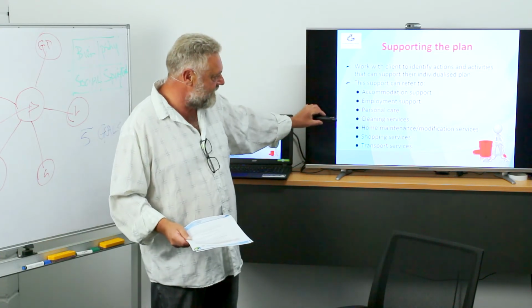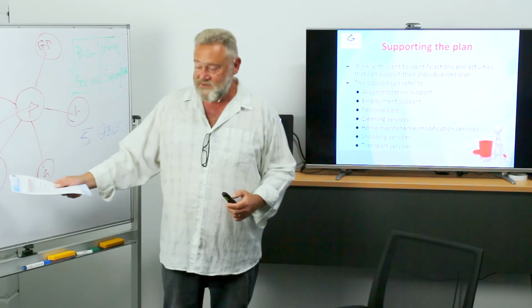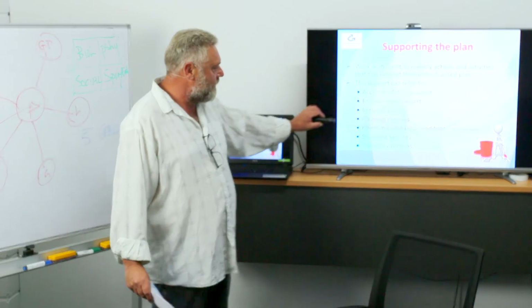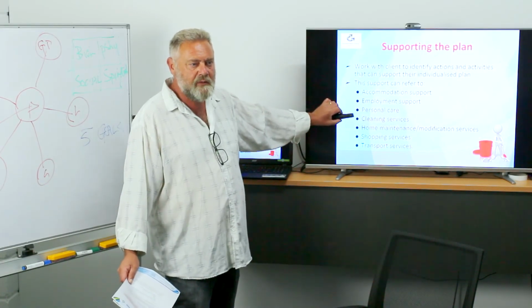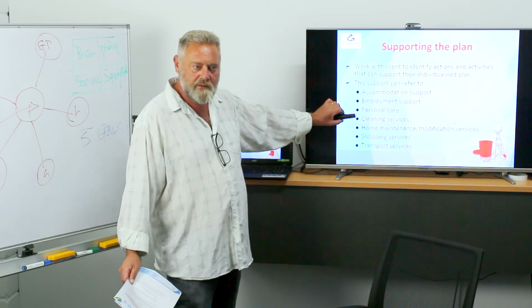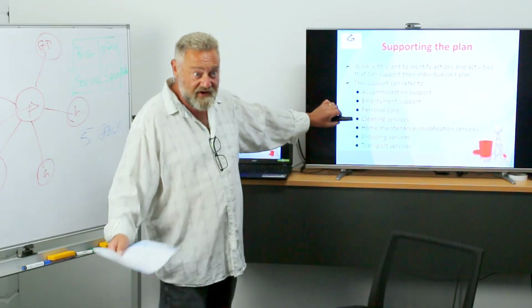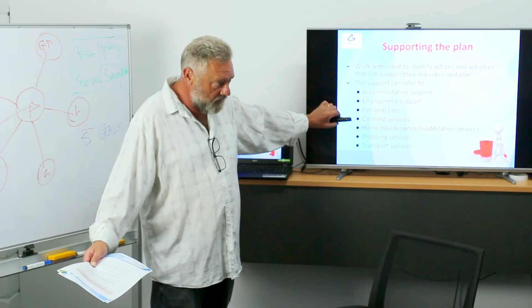Perhaps Fred needs cleaning service because Fred's arthritis is getting a lot worse. So, okay, Fred, maybe we need to approach NDIS and write in your care plan that the doctor's verifying that you need support with cleaning because of your arthritis.